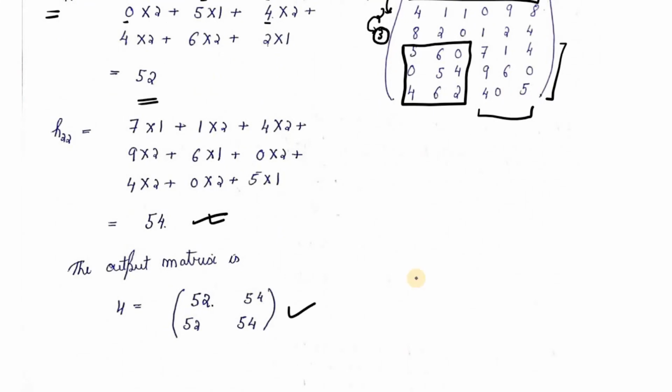So for a given 6 by 6 matrix, with the kernel being 3 by 3, and we were able to apply a stride of size 3, we were able to generate an output matrix H of size 2 by 2. So this is the output matrix generated as a result of the convolution performed from a given input matrix, kernel, and a stride.